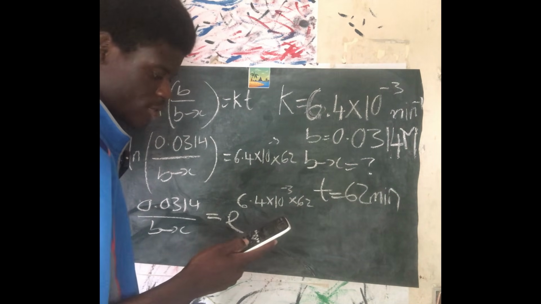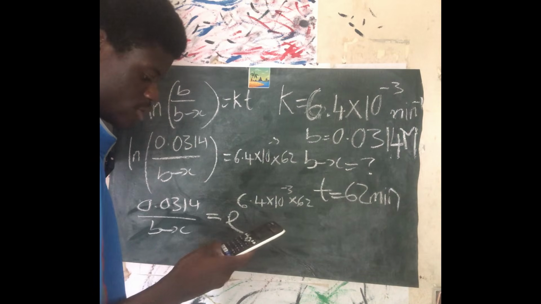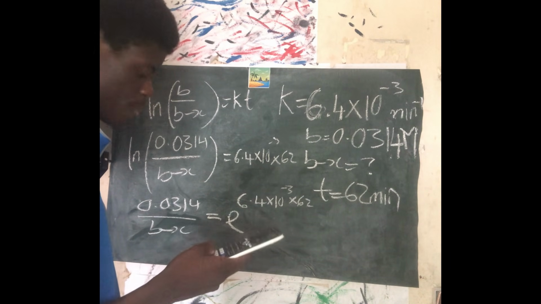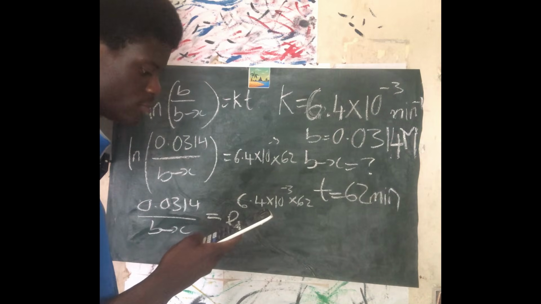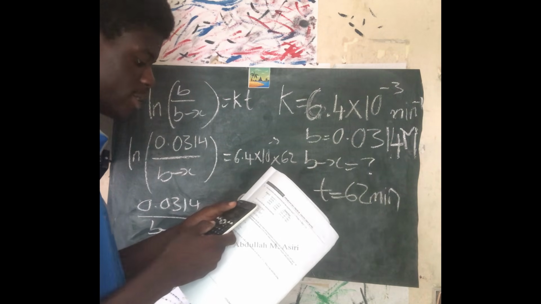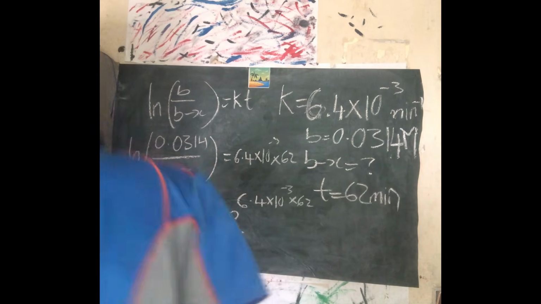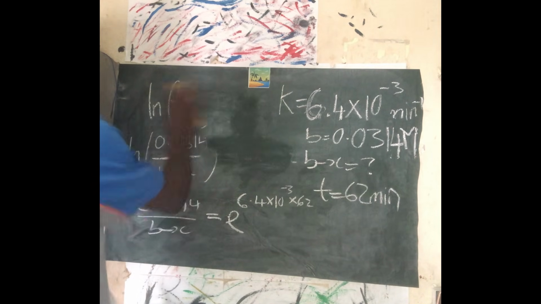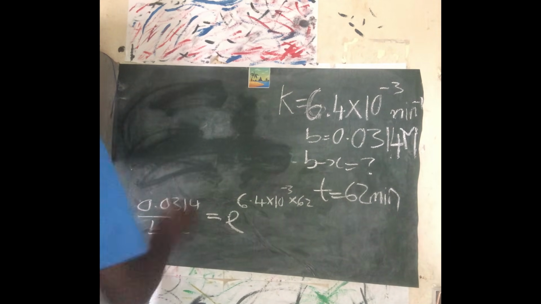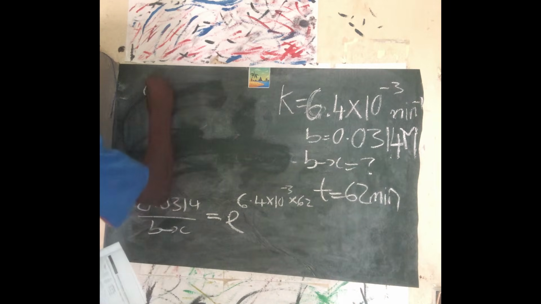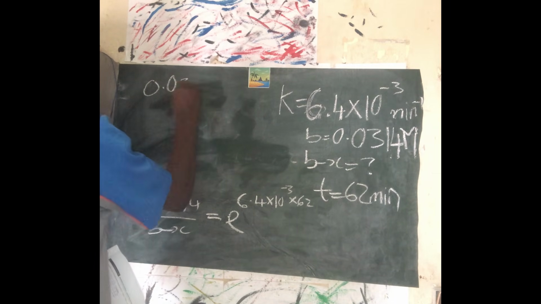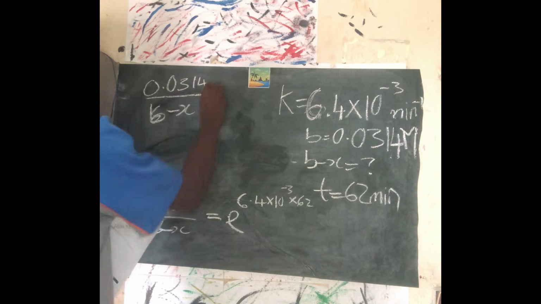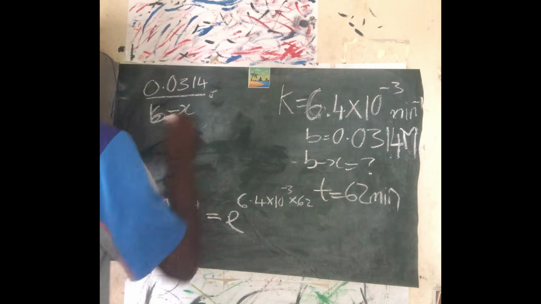That's the exponent of 6.4 times 10 raised to power minus 3, times 62. That will be 1.4871. Let me write it here. 0.0314 over B minus X is equal to 1.4871.